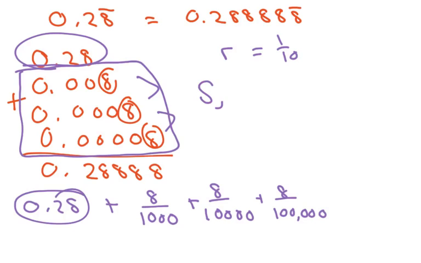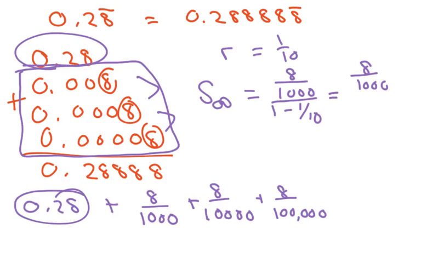Therefore, when I use my infinite sum formula, I get 8 over 1,000 divided by 1 minus 1/10, and that's going to give you 8 over 1,000 divided by 9/10.